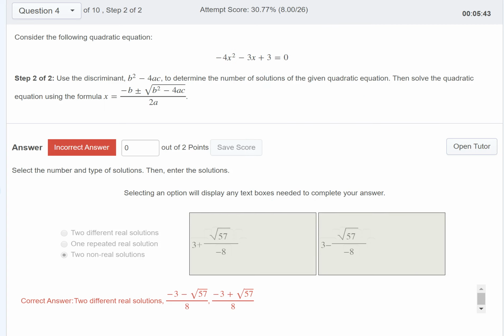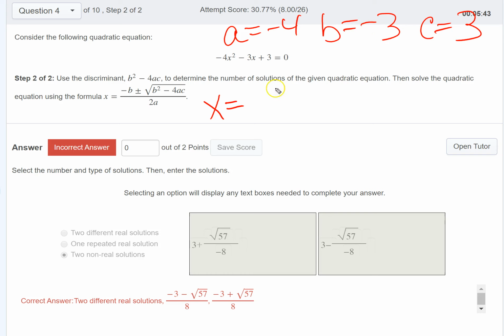Well, for this one now, it's in standard form, and our a is negative 4, our b is negative 3, and our c is 3. So they give us the quadratic formula. X equals a negative b.